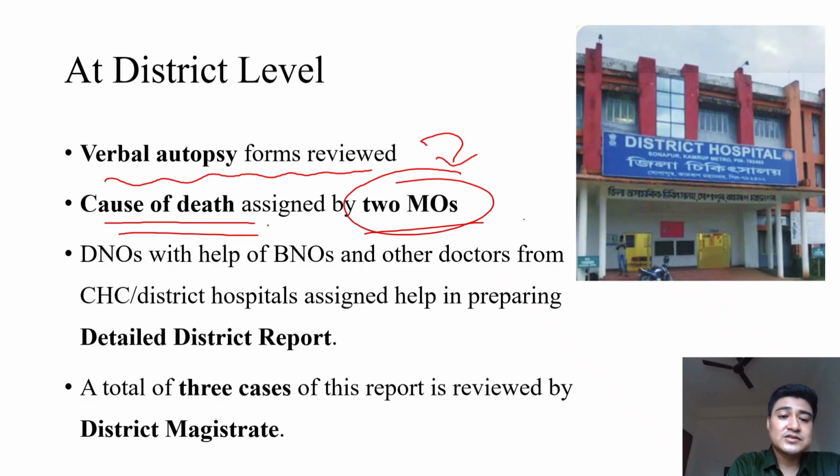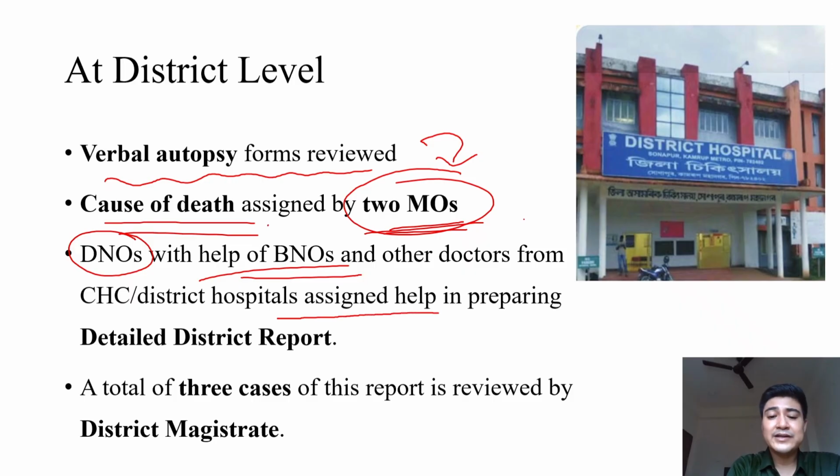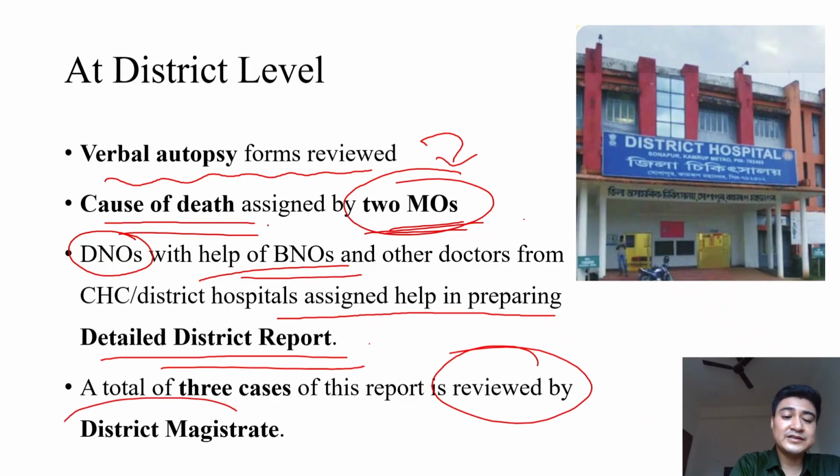The DNOs, who are the district nodal officers, with the help of the block medical officers and these two medical officers who are trained for the purpose of reviewing verbal autopsy, all work together in cohesion in preparing the detailed district report. And this district report is reviewed at the level of the district magistrate.